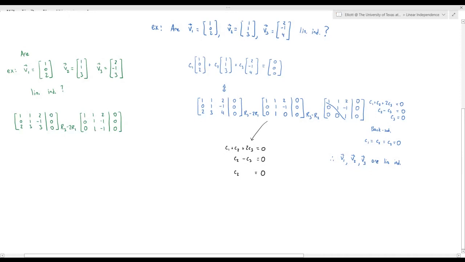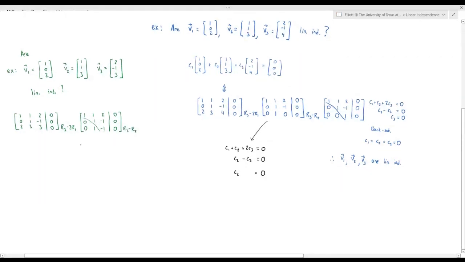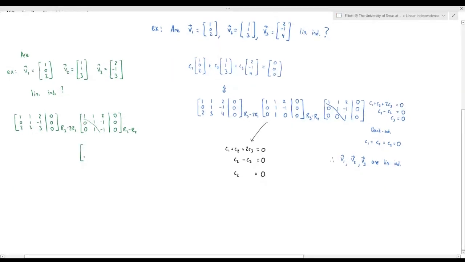If you were to continue one more time trying to get to the upper triangular form, you'd want to eliminate this 1 next. We could do that by doing row 3 minus row 2. But you can see in this example that rows 3 and 2 are identical.